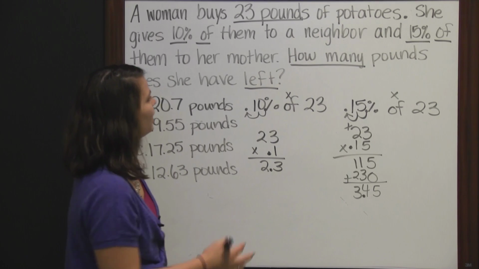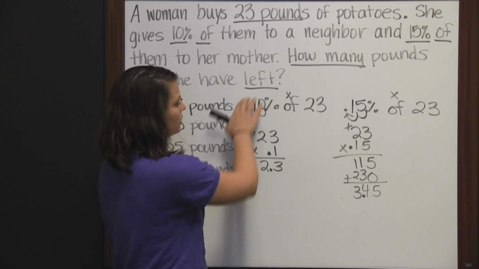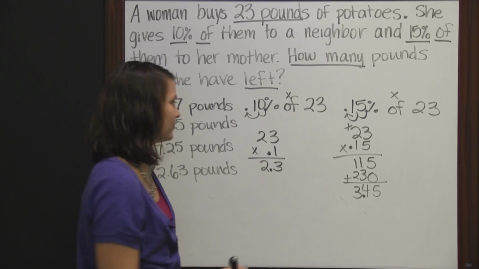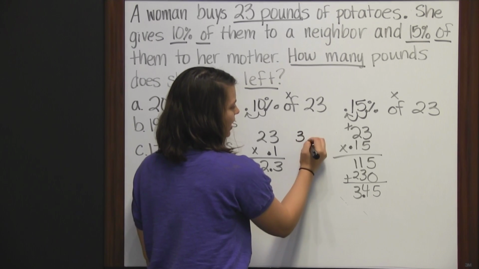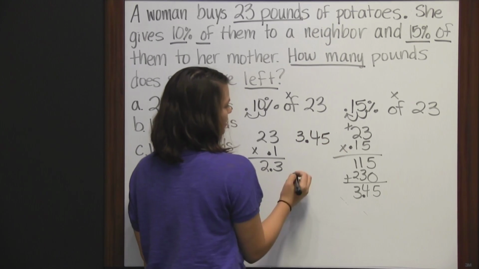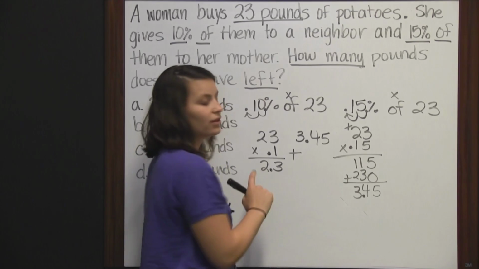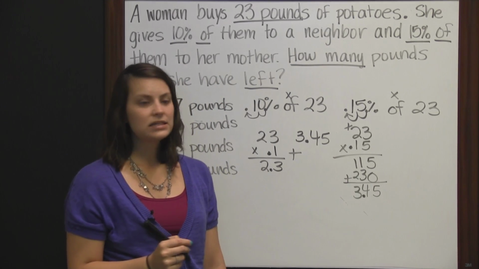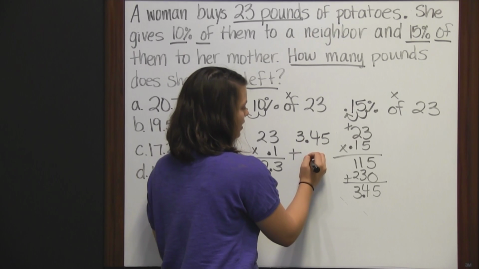Before we can determine how much she has left, we first need to total up how much she gave away. So we're going to take the 3 45 hundredths and add the 2 3/10 to it. Remember, when adding or subtracting decimals, we have to line up the decimals.